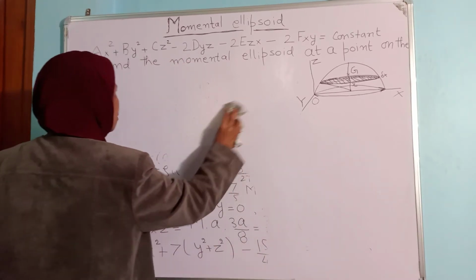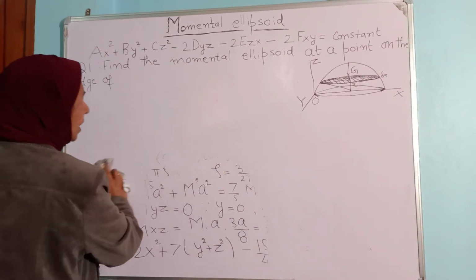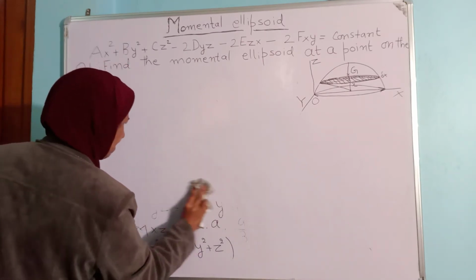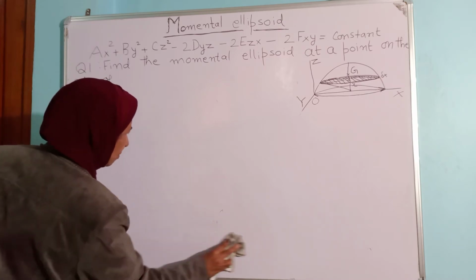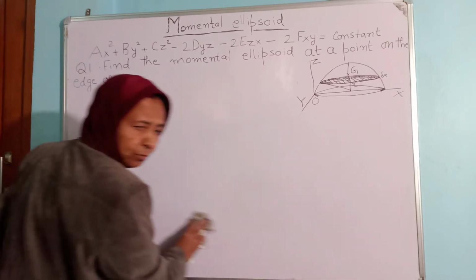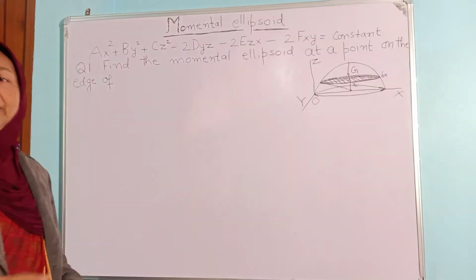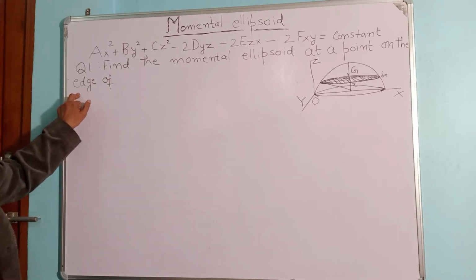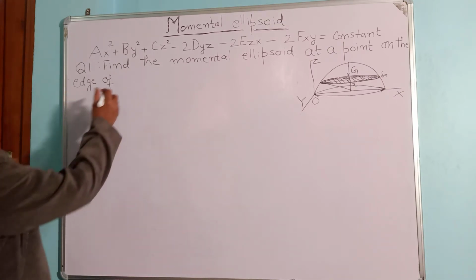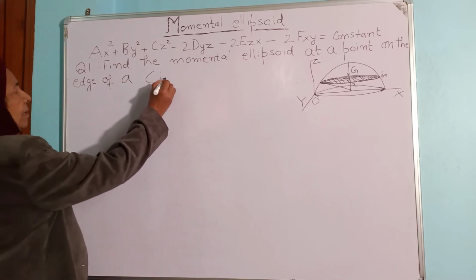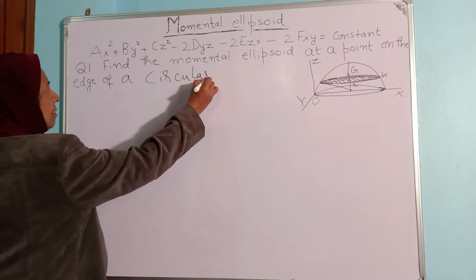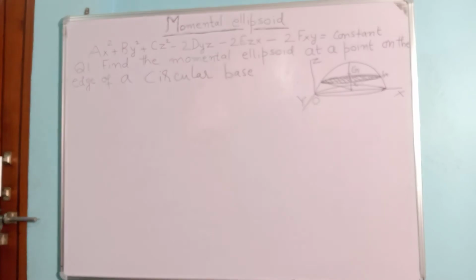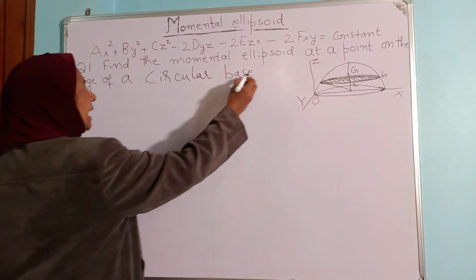We are not having a solid sphere, but we are having a ring. Okay, so let me do that. First of all, let me give you the question. Question is to find momental ellipsoid at the point on the edge of a circular base of a hemispherical shell.